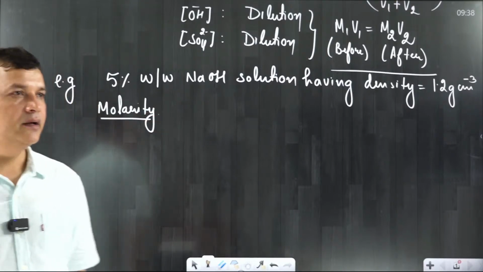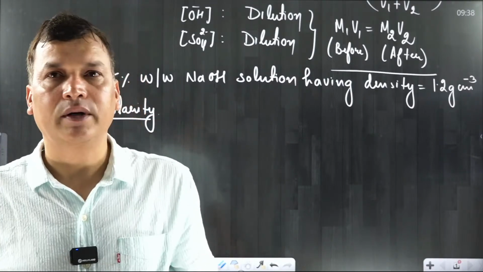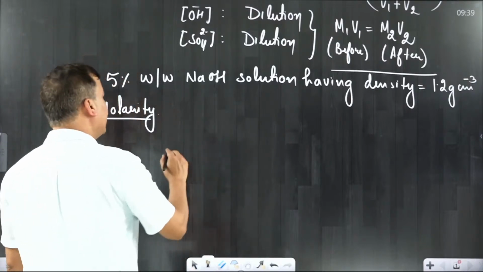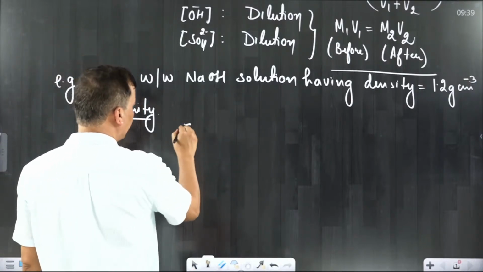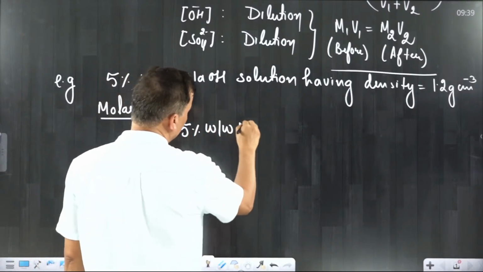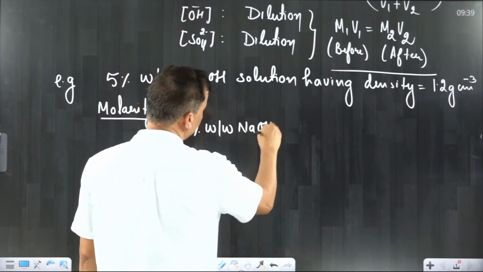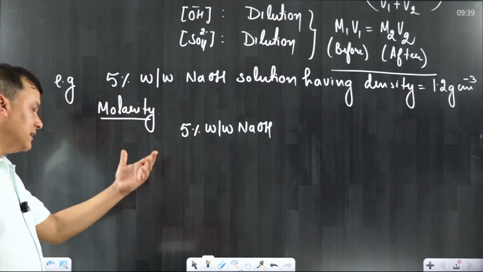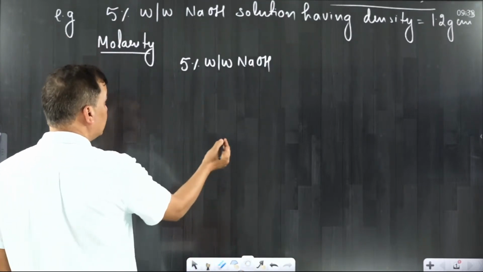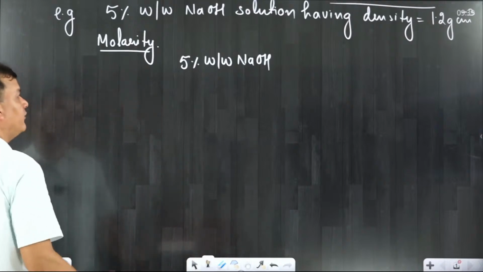First of all, tell me, is the question clear to you or not? We have 5% weight by weight NaOH. What is the meaning of this 5% weight by weight?